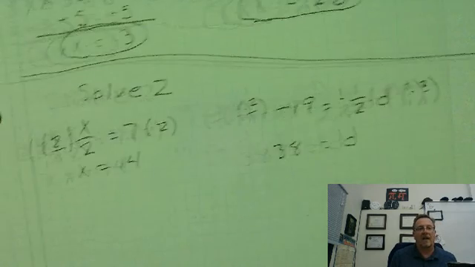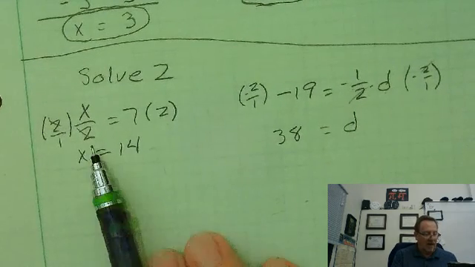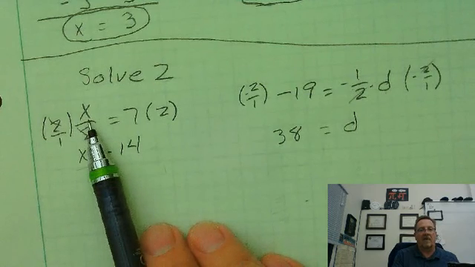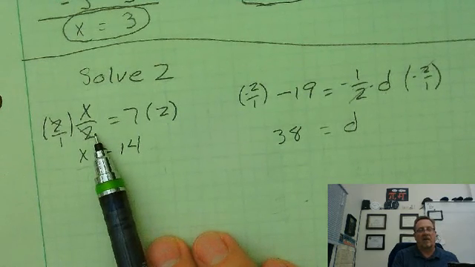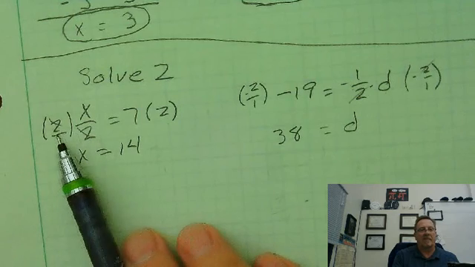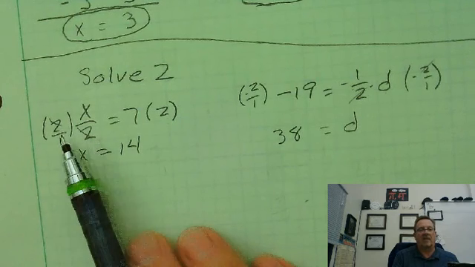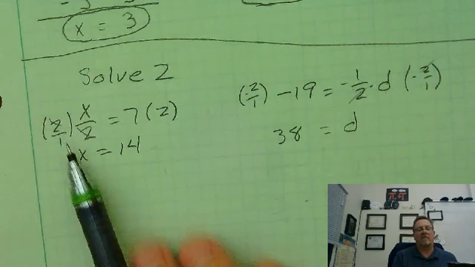So what we've done today, just to review: we found that if you have division, you multiply. While we were dividing by 2 originally, we ended up multiplying by 2.